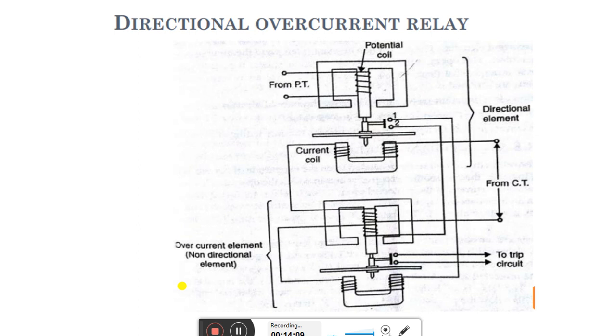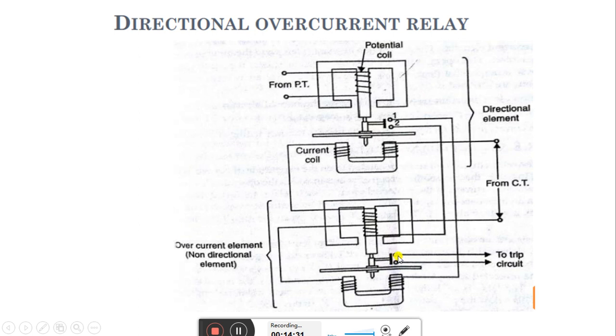So what it is saying is that as soon as the directional element operates, it bridges these two contacts and supply is extended to the lower magnet of this current coil. As soon as supply is extended to the lower magnet of the current coil, the disc starts rotating and bridges this contact.